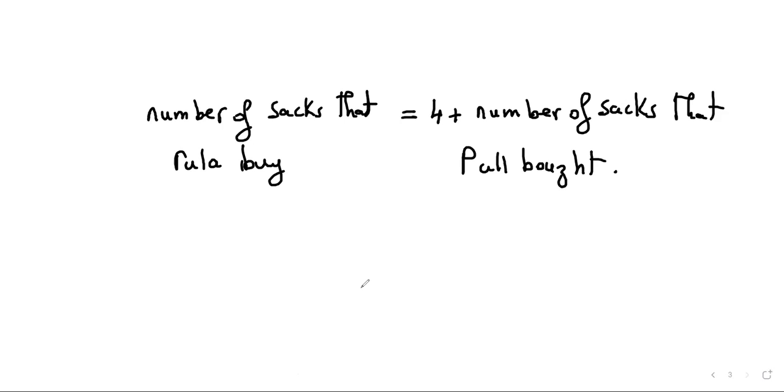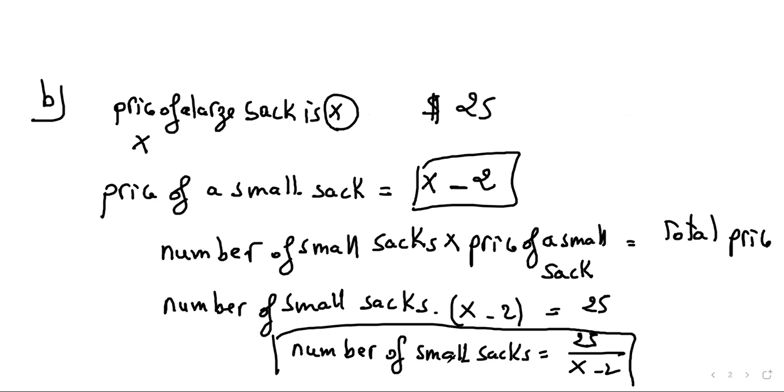So the question was, write down an equation in terms of X and show that it simplifies to 2x squared minus 3x minus 27. So let's focus on this one and how to write it. I have the expression for the number of small sacks, which is what Rula bought.